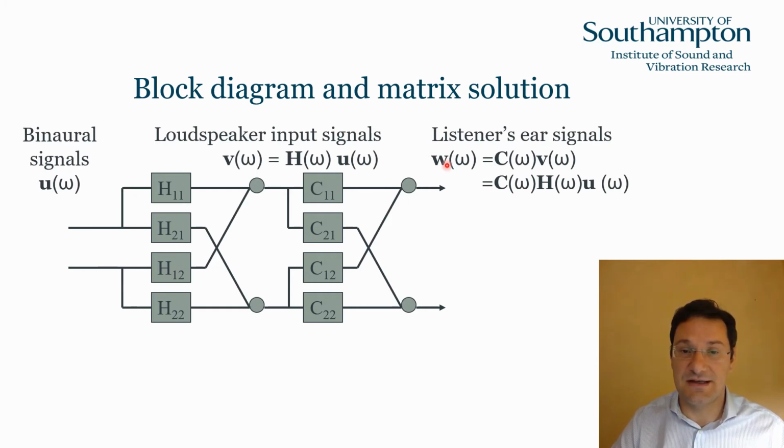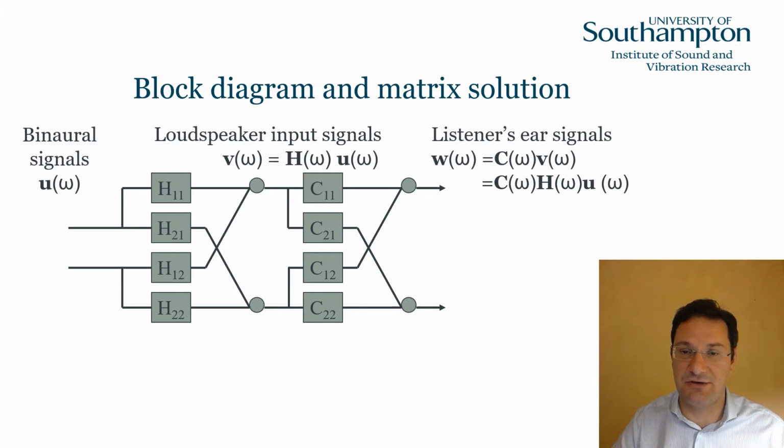Therefore, the signal W that's going to be recorded at the right and left ear of the listener, again a 2x1 vector expressed in the frequency domain, is going to be given by V, the signal driving the loudspeakers, times the plant matrix C, representing the effect of the loudspeaker, propagation in air, and if you want to include it, also the effect of scattering by the head.